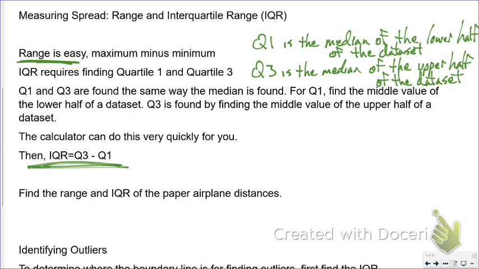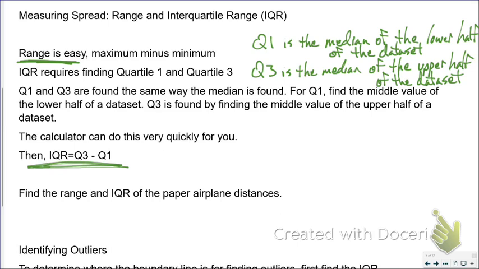If you have an odd number of values, you ignore the middle value and find the median of the upper half for Q3. If you have an even number of values, then you literally chop it in half and you find the middle of the lower half and the middle of the upper half. So it's very weird to do by hand. It's a little tedious if they're not in order already. So it's very nice that the calculator can output it.